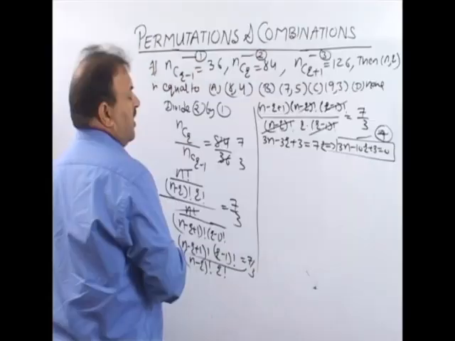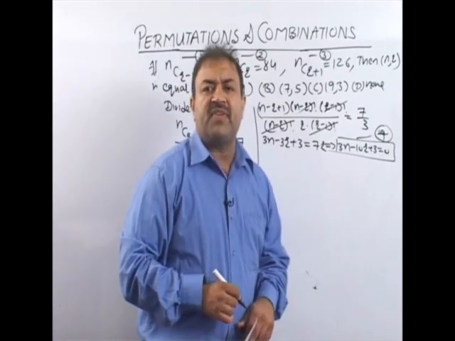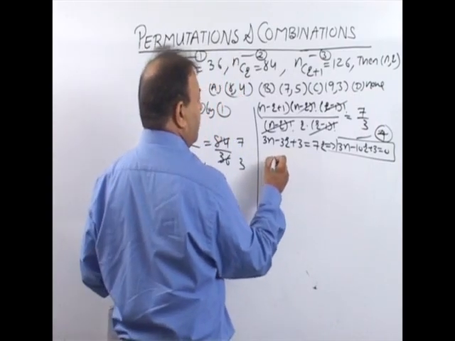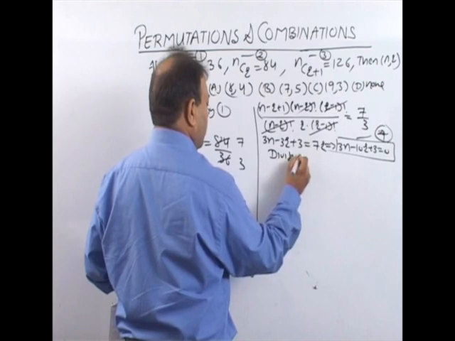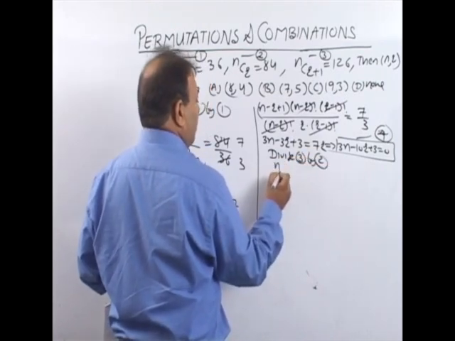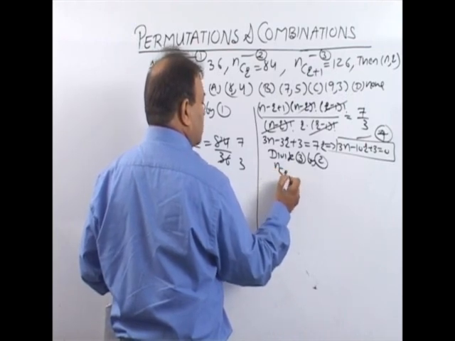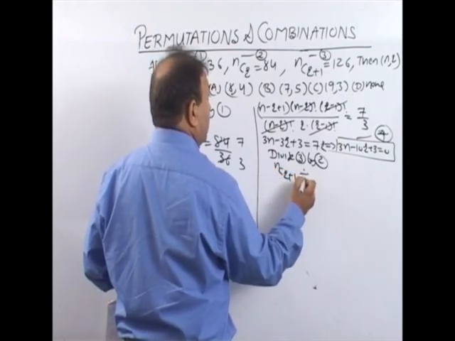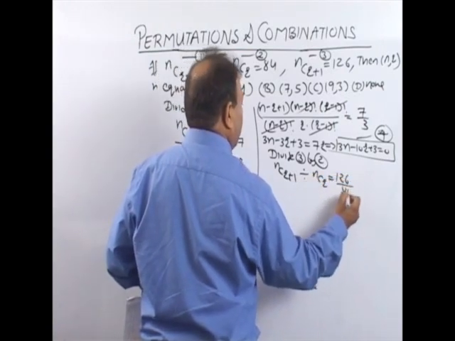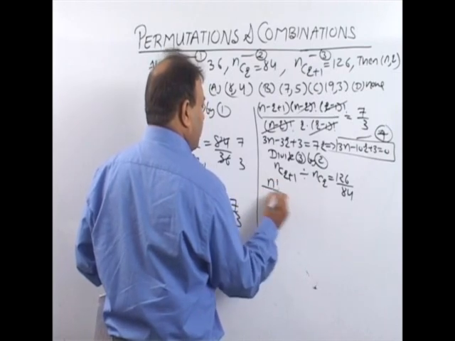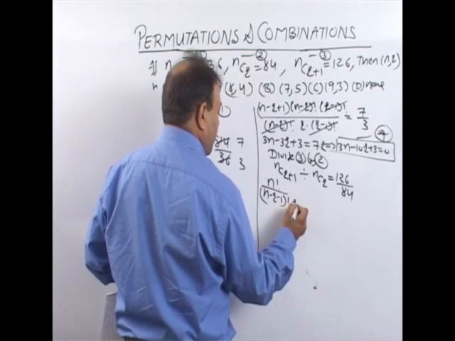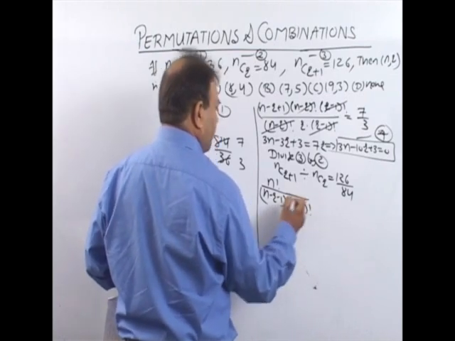Now इसमें the important thing is we always divide the consecutive terms. So consecutive terms को कैसे divide करते हैं? Divide 3 by 2. We got nC r plus 1 division nCr is equal to 126 upon 84. That is n factorial, n minus r minus 1 factorial, r plus 1 factorial.